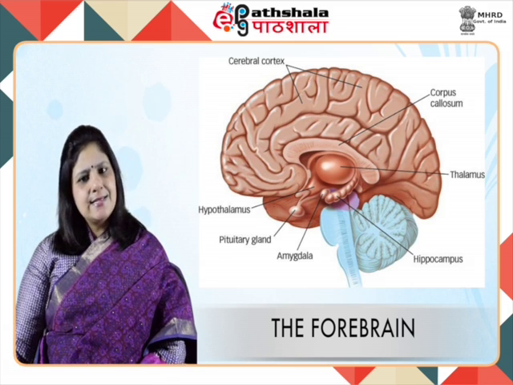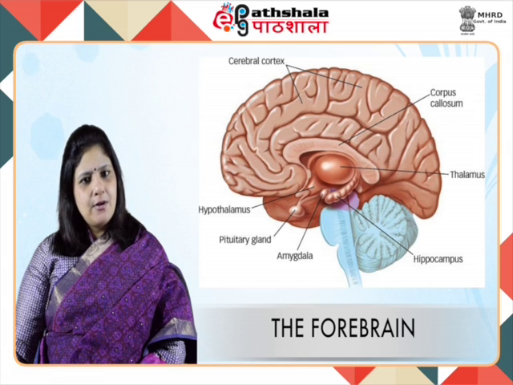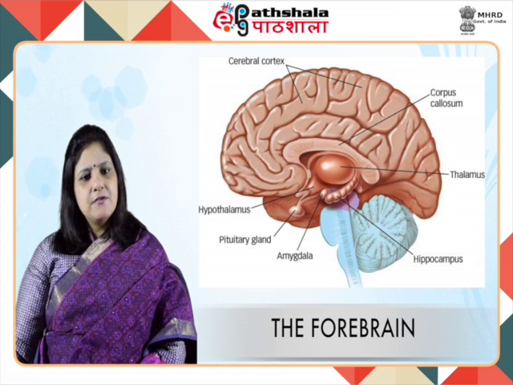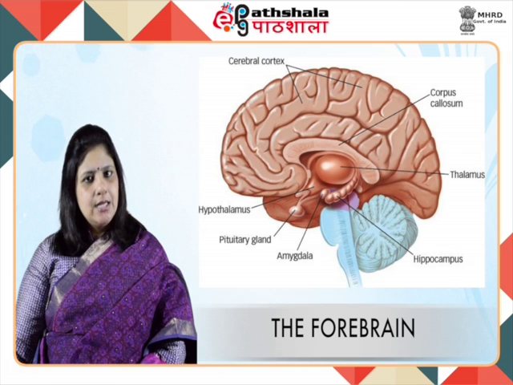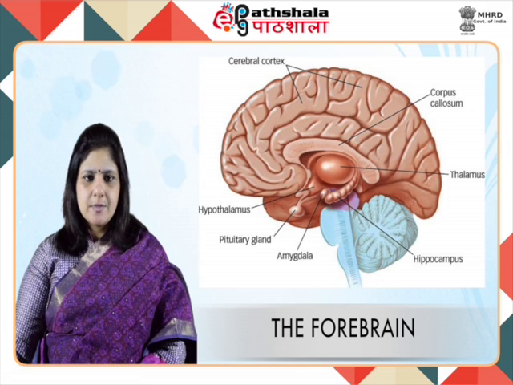Because of the complexity and the influences of cerebral cortex in various behaviors and mental processes, this part of the brain deserves to be treated more in depth than the earlier concepts we have taken. The cerebral cortex is divided into two hemispheres, the left hemisphere and the right hemisphere.